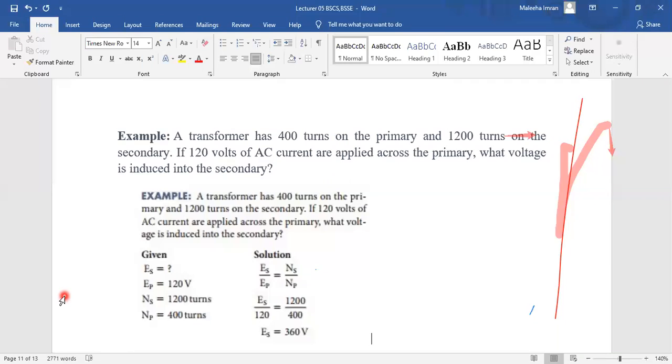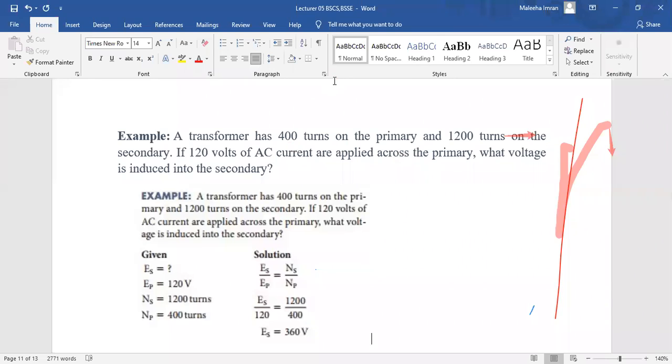मसलन दिस इज एग्जांपल. A transformer has 400 turns on the primary. It means NP is 400 and NS is 1200. So it means this is a step-up transformer. If 120 volt of the AC is applied across the primary, it means if VP is 120, what is the secondary induced voltage?